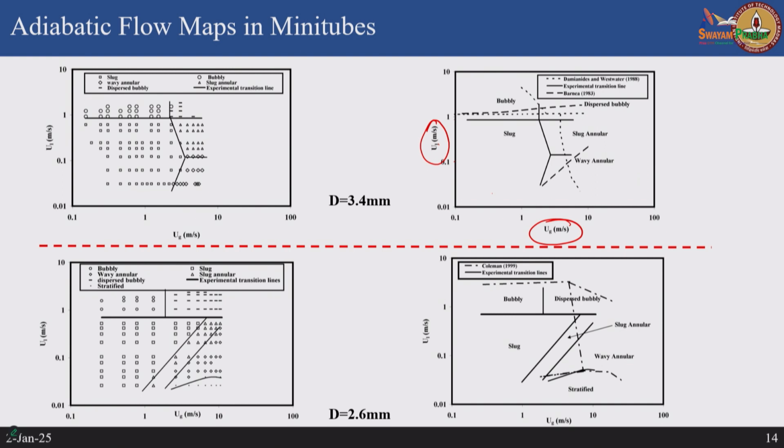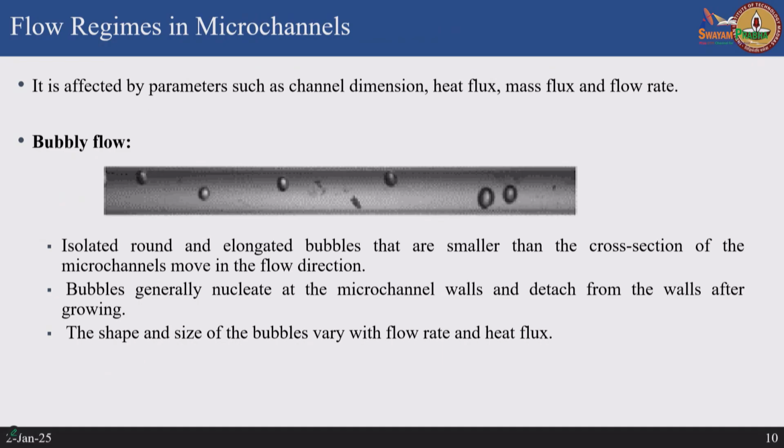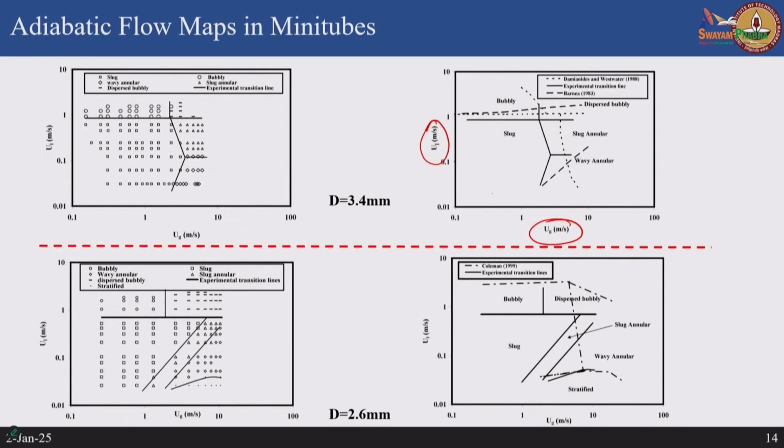Intuitively, if I increase the gas velocity in my tube relative to the fluid velocity, the size of these bubbles should be growing larger. So it mostly starts in the slug flow regime, because slug flow is relatively large bubbles, and then they transition to a slug annular regime if I increase my air velocity much higher.